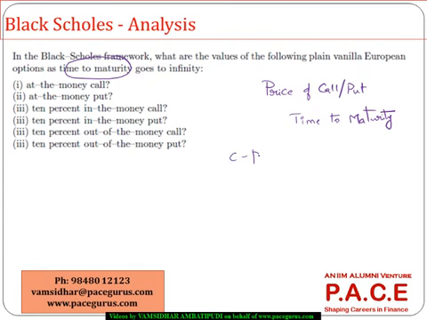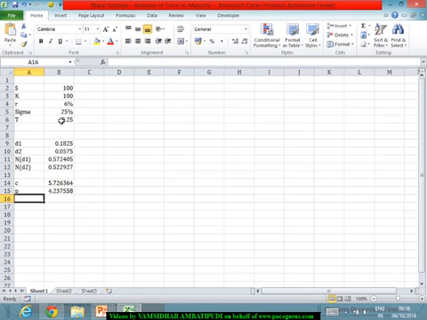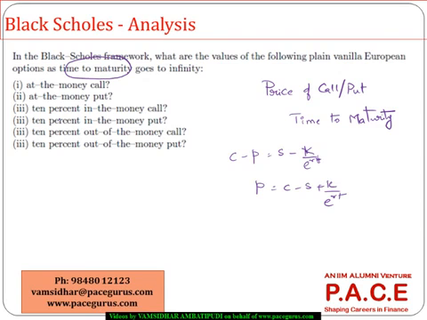Call put parity says C minus P is equal to S minus K by e power RT. So from here I can find P, which comes out as C minus S plus K by e power RT. Okay, fair enough. Once I have a framework in place, let's play out all the situations.